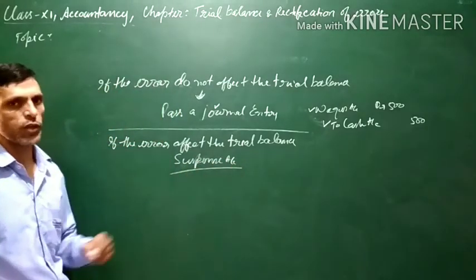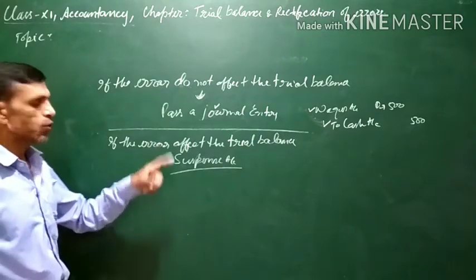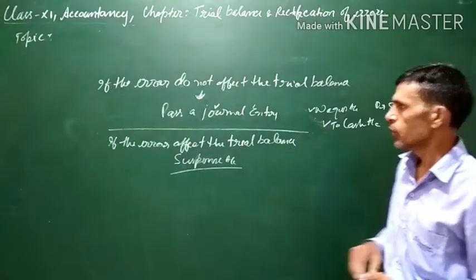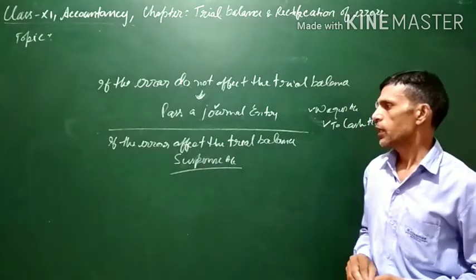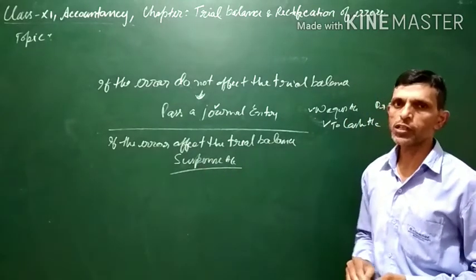So a suspense account will be used in order to correct the error, and we have to accordingly make an adjustment entry.